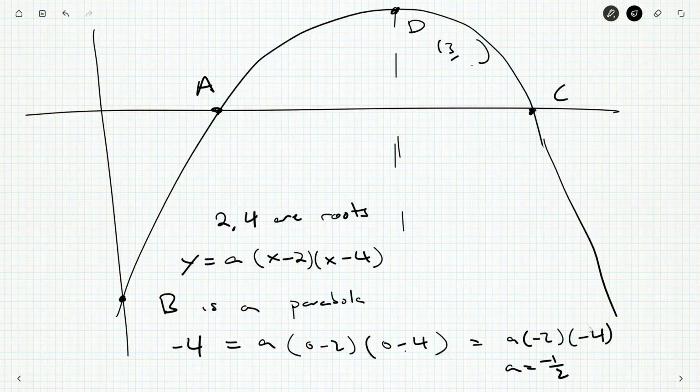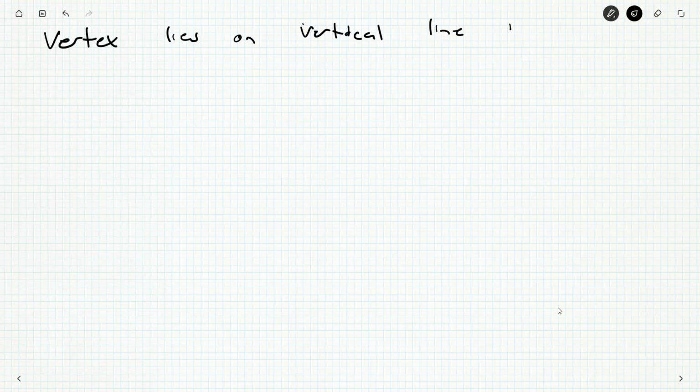Alright, so I know my parabola. I can put it in vertex form and figure out what D is, or I could say something like the following, which I didn't really write in part a, but I'm going to use it now. The vertex lies on the vertical line between the roots, and you can say by the symmetry of parabolas or something like that.